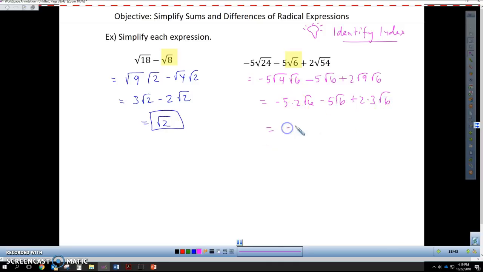Okay, so this is negative 10 root 6, take away 5 root 6 plus 6 root 6. Here we get negative 15 root 6 plus 6 simplifies to be negative 9 root 6.